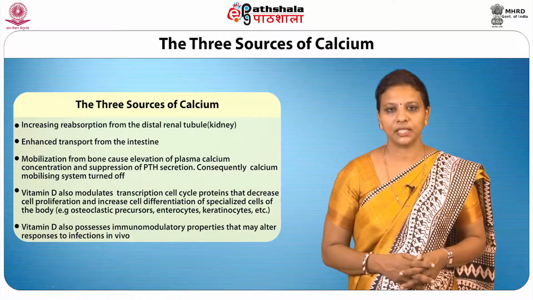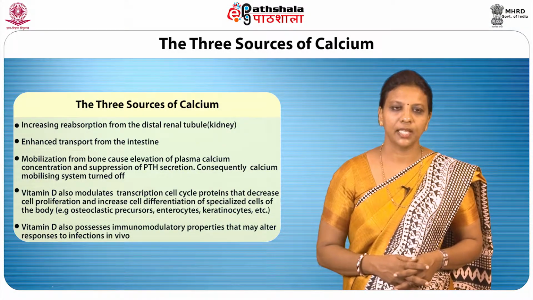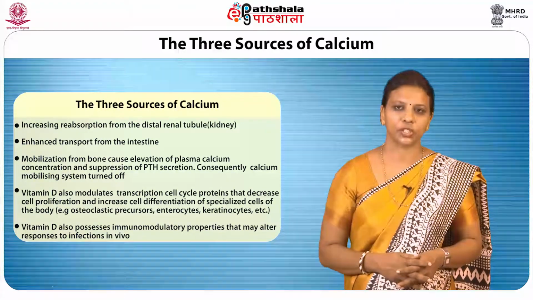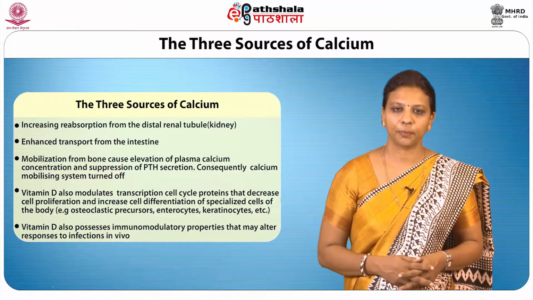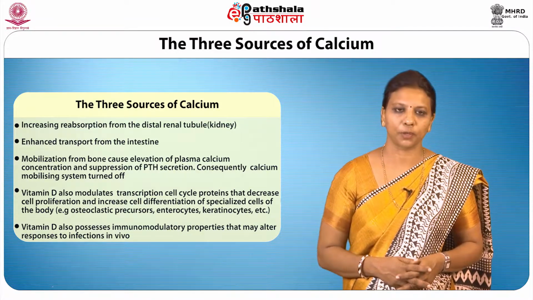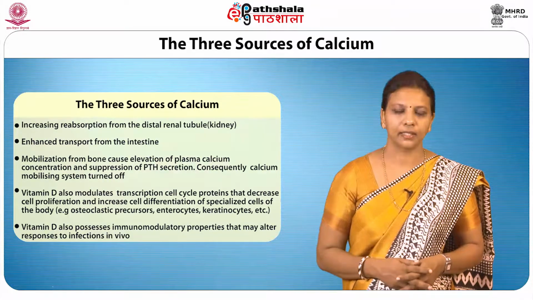Vitamin D also modulates the transcription of cell cycle proteins that decrease cell proliferation and increase cell differentiation of a number of specialized cells of the body. This property may explain the actions of vitamin D in bone resorption, intestinal calcium transport and skin.